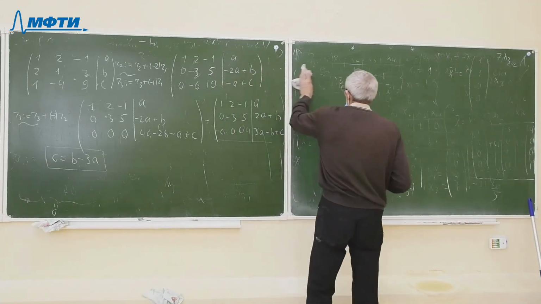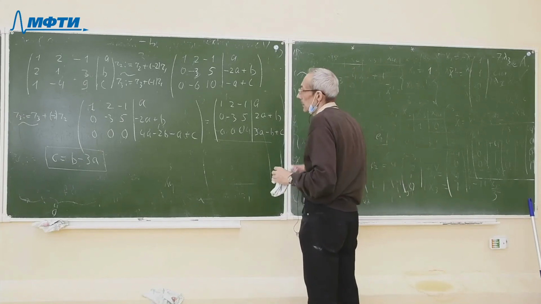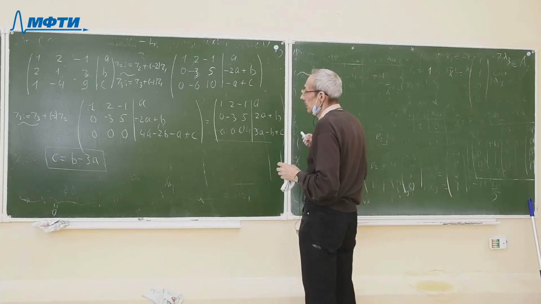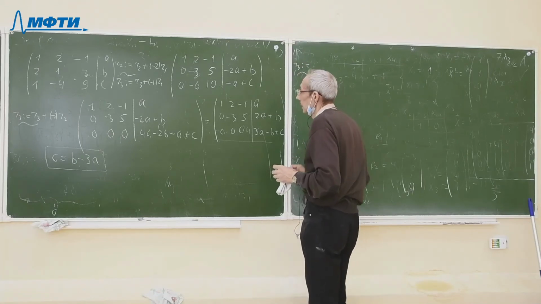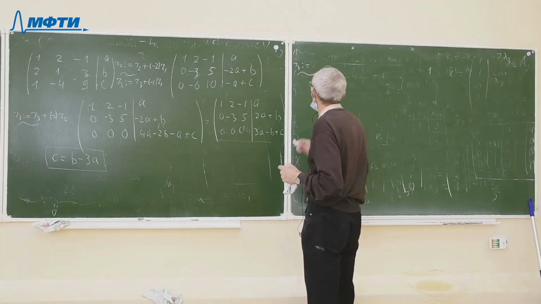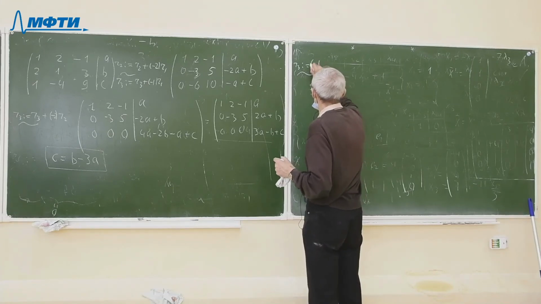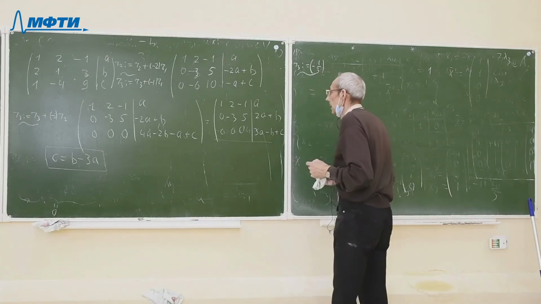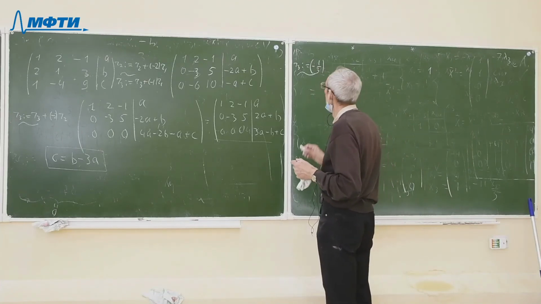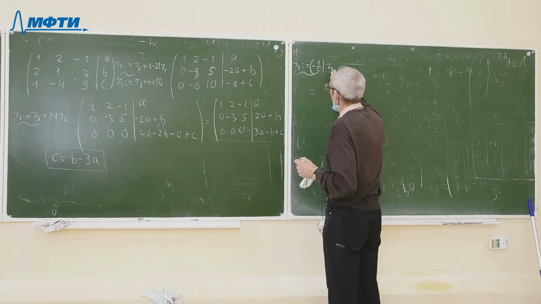We obtain the reduced echelon form. For this, we put R3 equal to the ratio minus 1, 3 times R, or I'm sorry, R2.